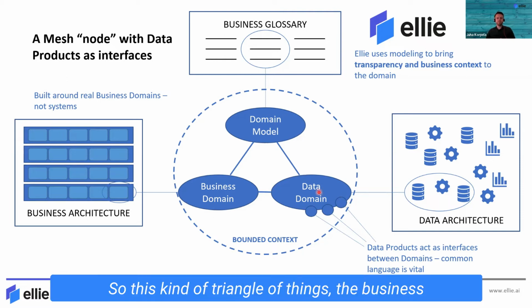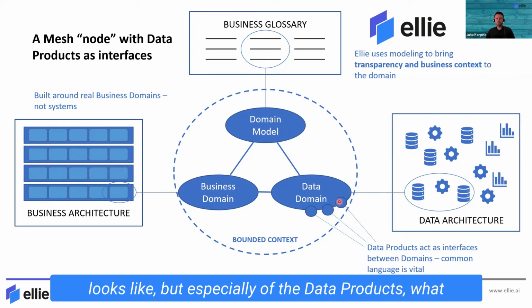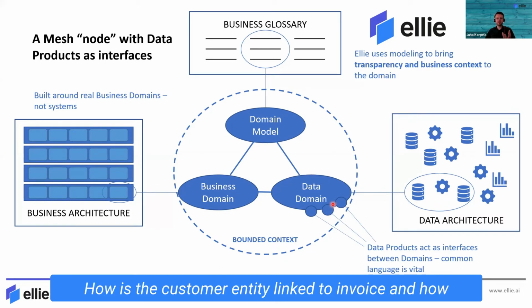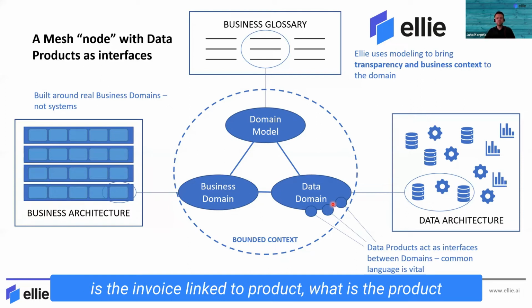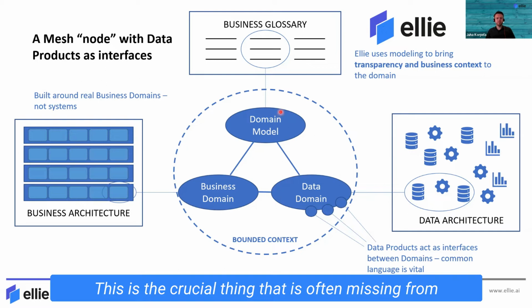So this kind of triangle of things, the business domain, the data domain in the technical sense, and the domain model describing perhaps overall, what the domain looks like, but especially of the data products, what they contain, what is the structure here, how is the customer entity linked to invoice, and how is the invoice linked to product, what is the product category, and so on, with the definitions of these things. This is the crucial thing that is often missing from this kind of technology-focused mesh ideas.